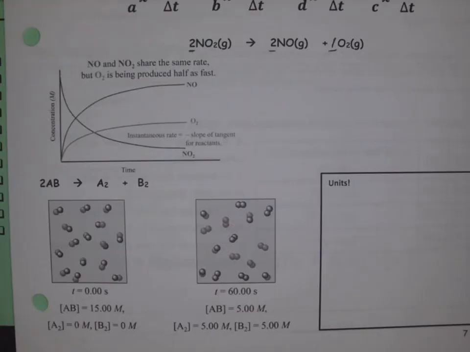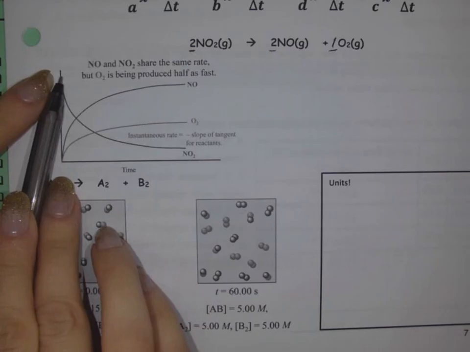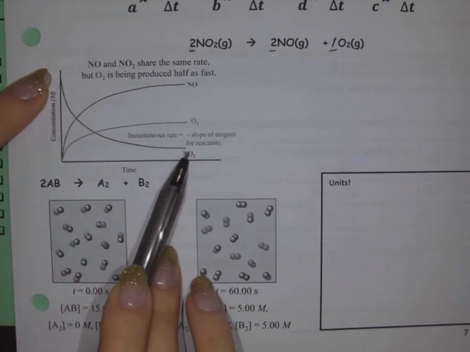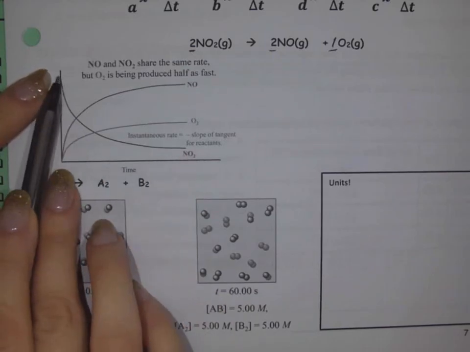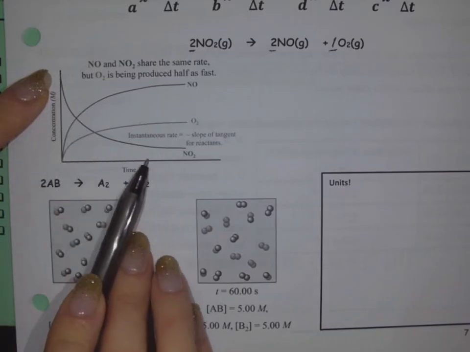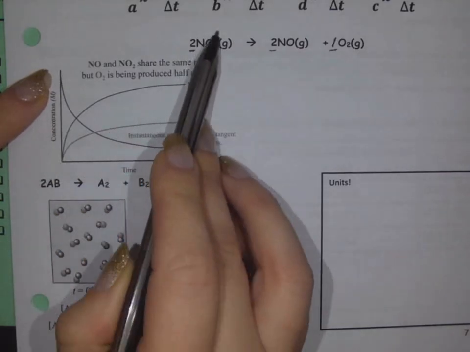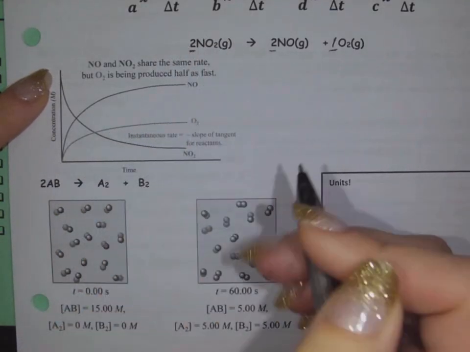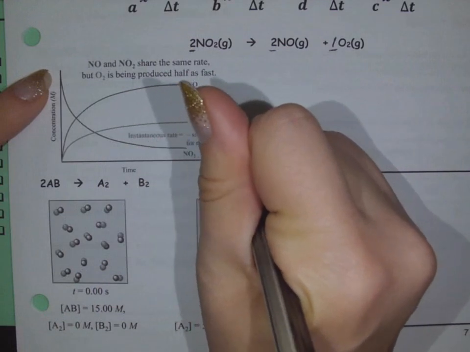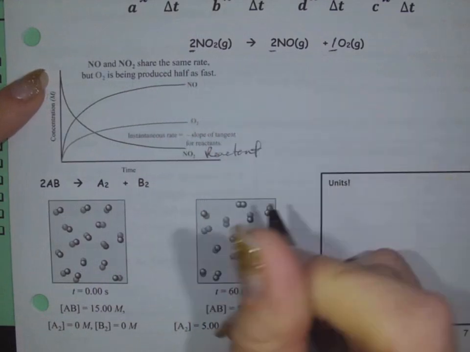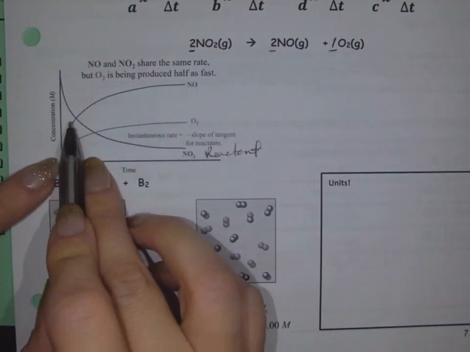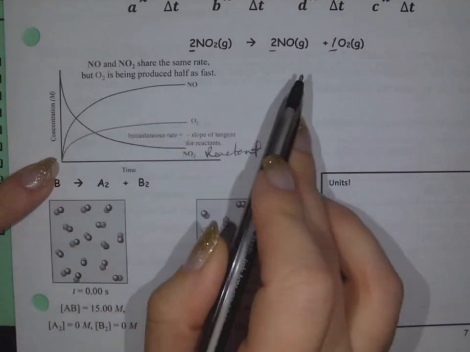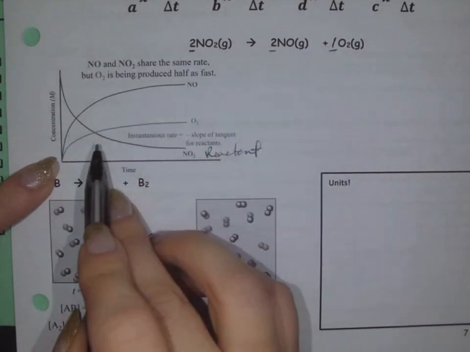First thing I want you to notice, reactants will start off high and then decrease over time. So since this one started up here and it's decreasing over time, that has to be my reactant. Since these ones are starting lower and they are increasing, then these ones have to be my products.